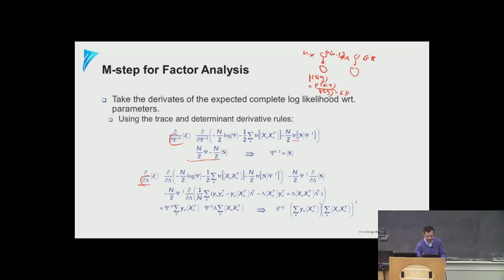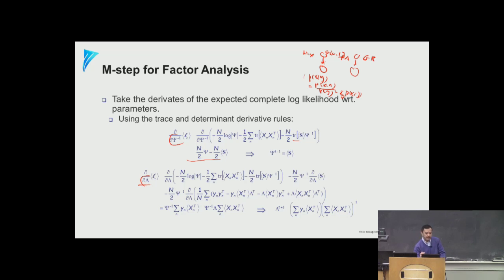Sum of P of X and Y over all the Y's. Right? And the Y's are discrete, therefore you can literally sum over all the mixture components and compute this marginal of Y, and then you get this.